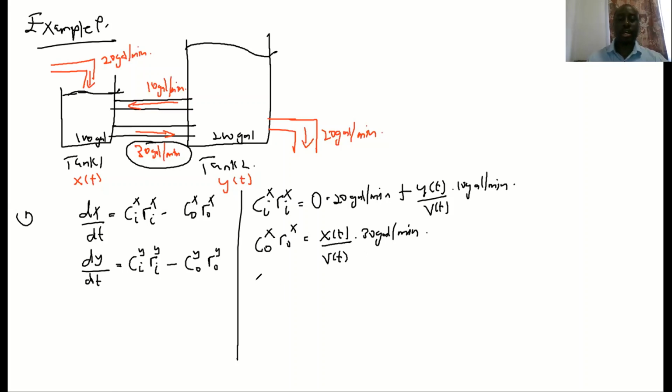All right, now let's look at tank 2. Let's look at the total amount of salt that is coming into tank 2.